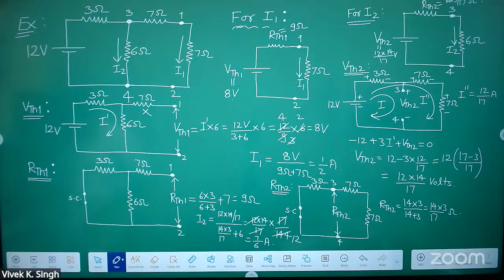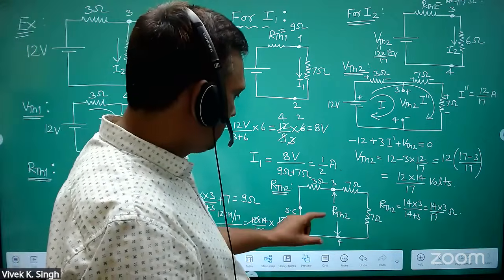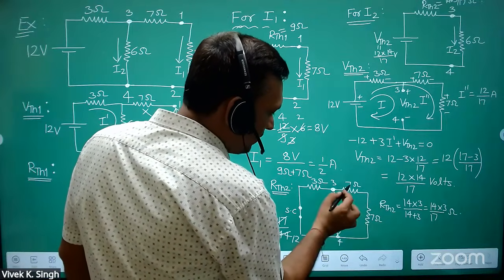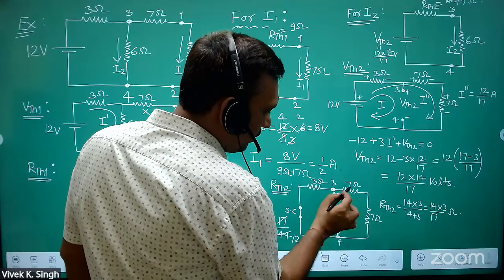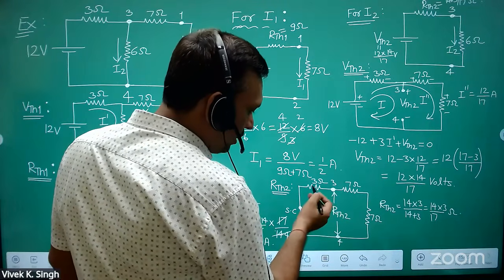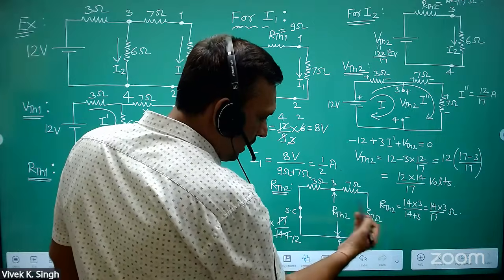Sir, in RTH2, will these two not be in series? No, this is the point. So these two are in series. So 14, but the point is this. This is 3 ohm, and then these two are in parallel.